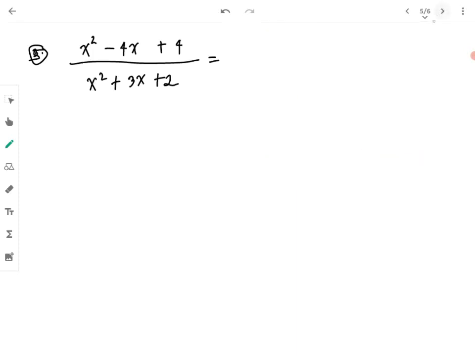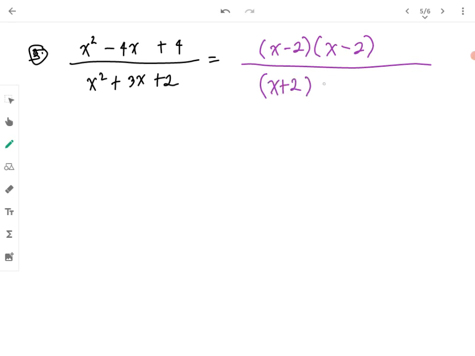Last example, we have x squared minus 4x plus 4. Note that this one is a perfect square, so we can factor it as x minus 2 squared, or you can say x minus 2 times x minus 2. Then below, x squared plus 3x plus 2. This is a general trinomial, so we can express it as x plus 2 times x plus 1.